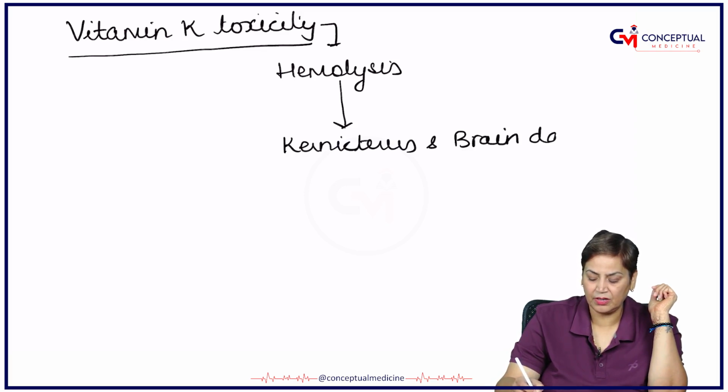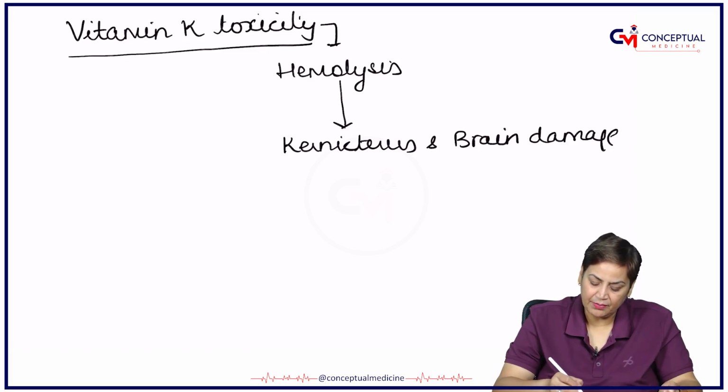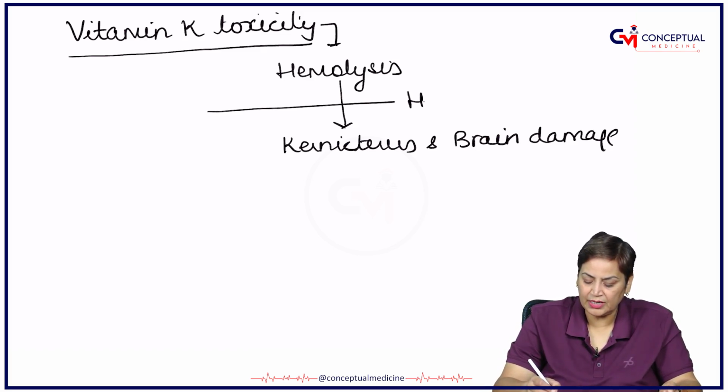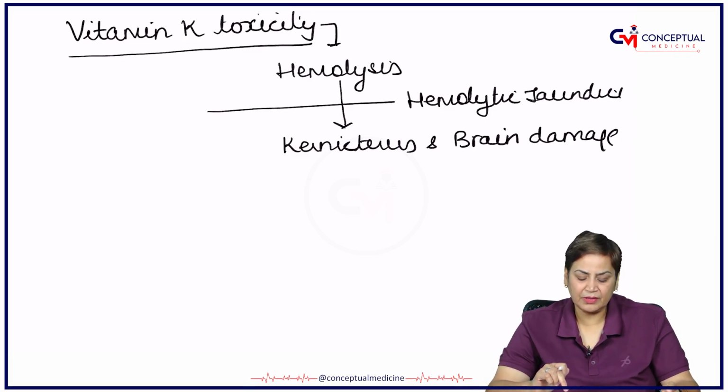Very important. Because if hemolysis is there, the main thing is it will lead to hemolytic jaundice. We are not going into that much detail because we cover these things in medicine also.